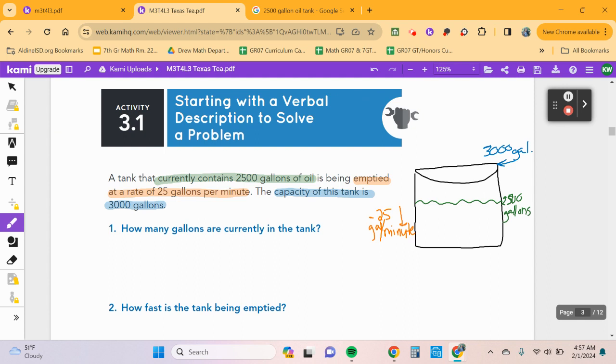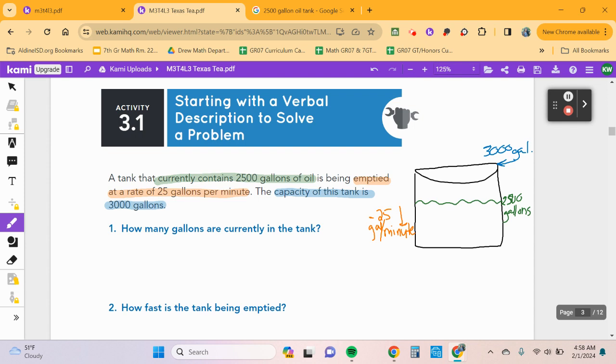So really quickly, I sketched up a giant cylinder, and I also color coded it for you to help you better understand what's happening. The green represents how much it currently has, which is the 2,500 gallons of oil. The blue represents the total capacity, so the max amount of oil that this tank can hold is 3,000 gallons.